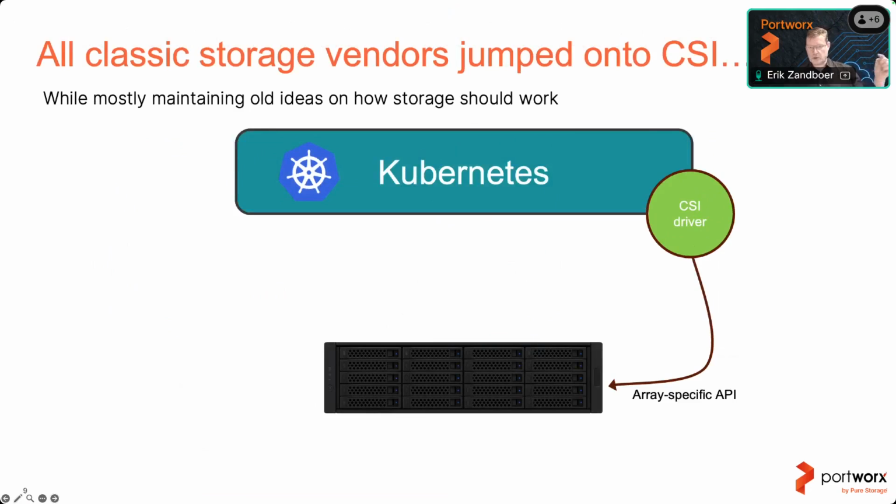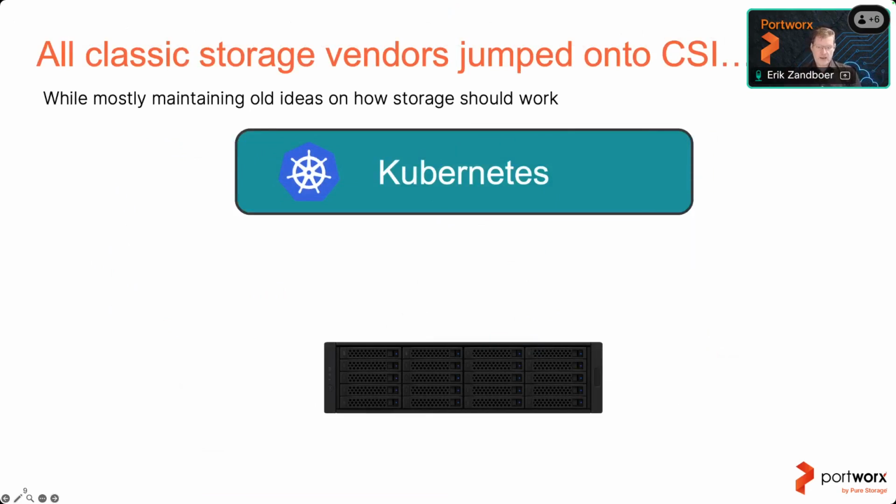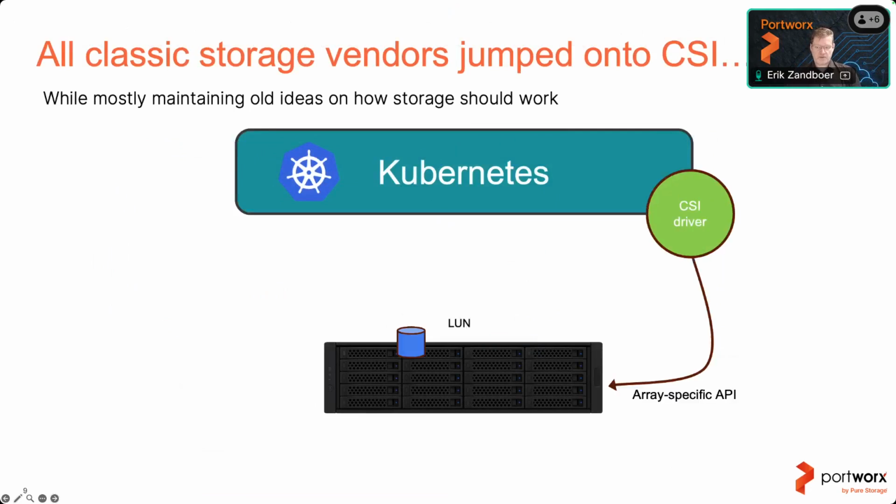Now, if you, from a Kubernetes perspective, want to deploy storage, the CSI driver springs to life, talks down to the array through an API, carves out a LUN, for example, and surfaces that LUN up into Kubernetes. And it's done. Really easy way to get storage into Kubernetes.